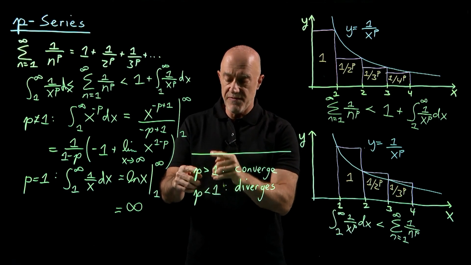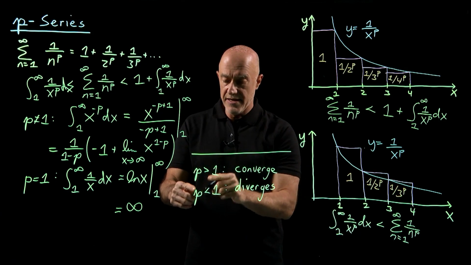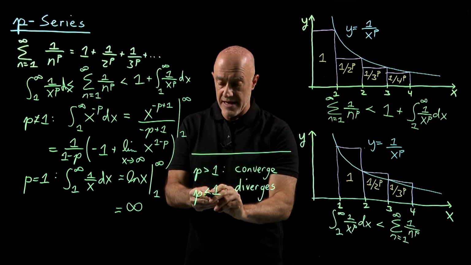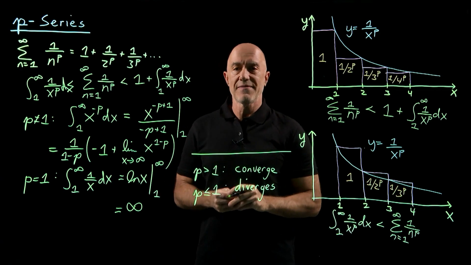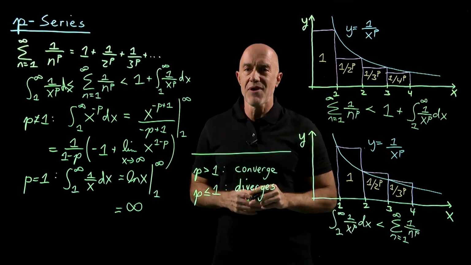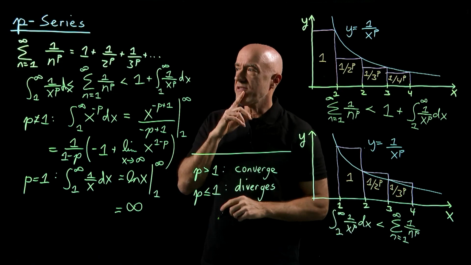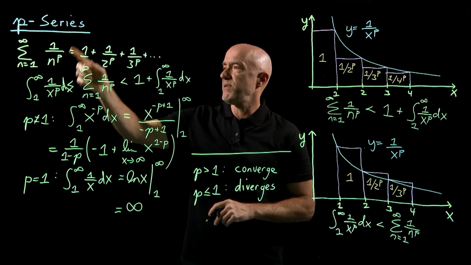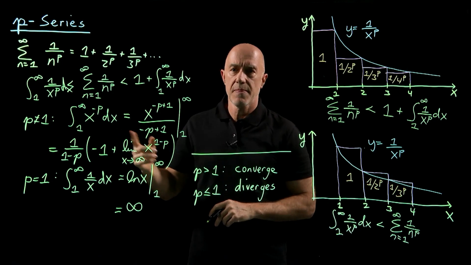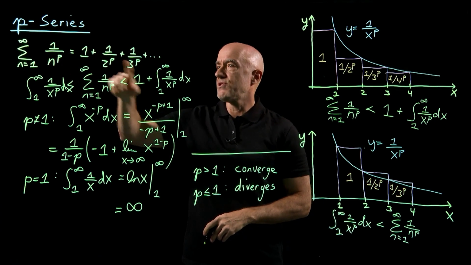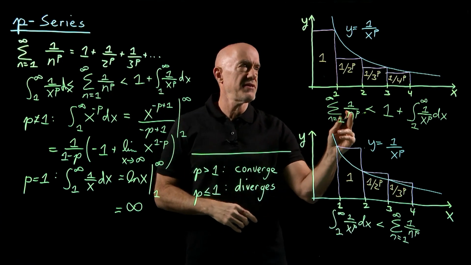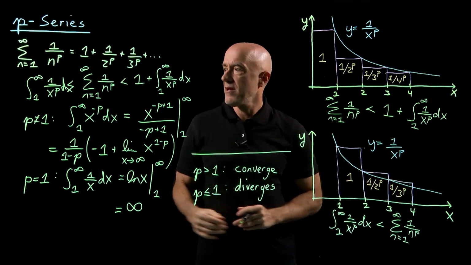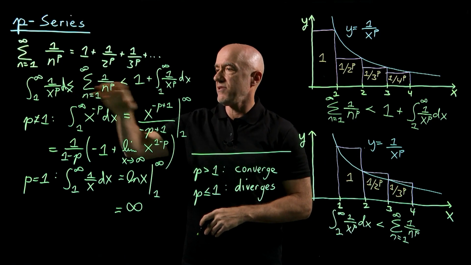So it converges if p is larger than 1, and it diverges if p is less than or equal to 1. So let me summarize. We tried to figure out the value of p for which the p-series converges. To do that, we can compare the p-series to an integral, bound the p-series by an integral.